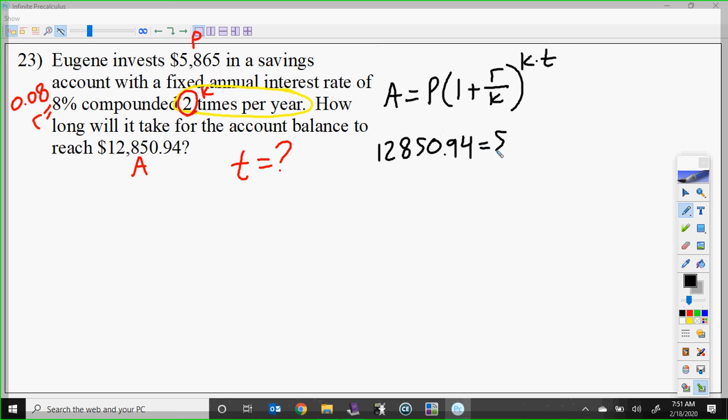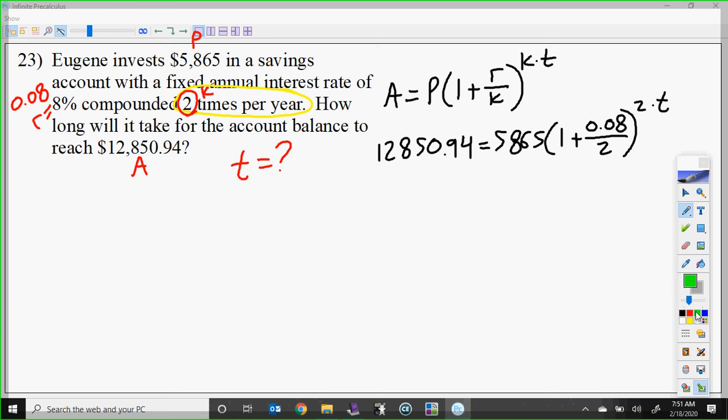P is 5,865. 1 plus my rate is 0.08. Our k is 2, and we don't know what t is.